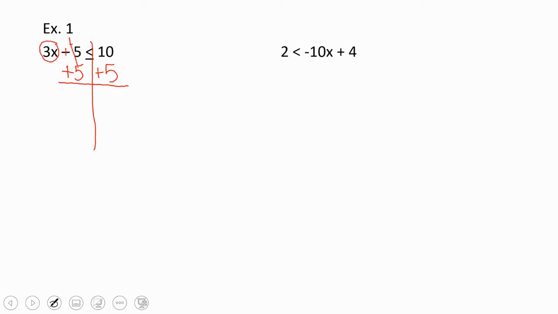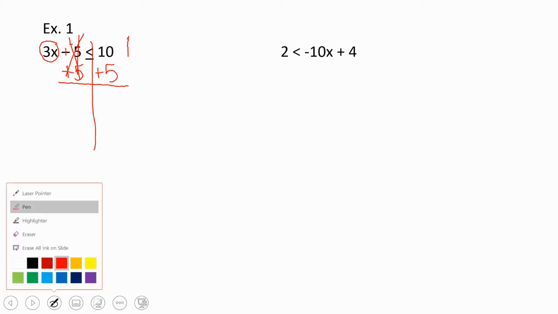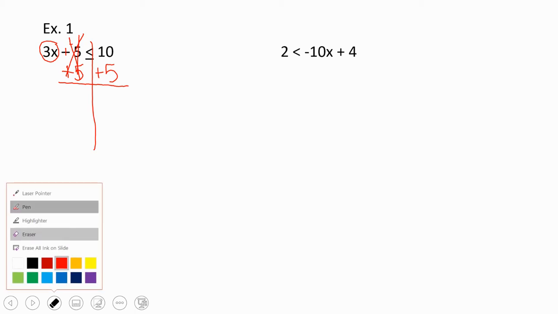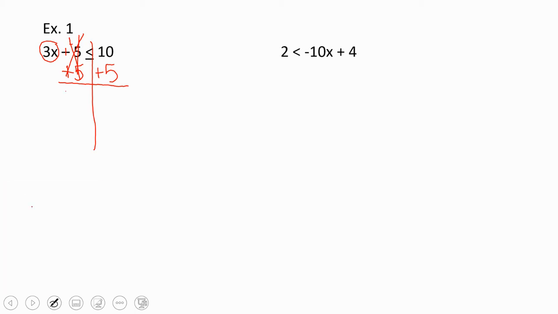So I'm going to move whatever's with it to the other side by adding the opposite. Negative 5 and positive 5 would just go to 0. Alright, so then on this side we're left with 3x. On this side, less than or equal to, we have 15.